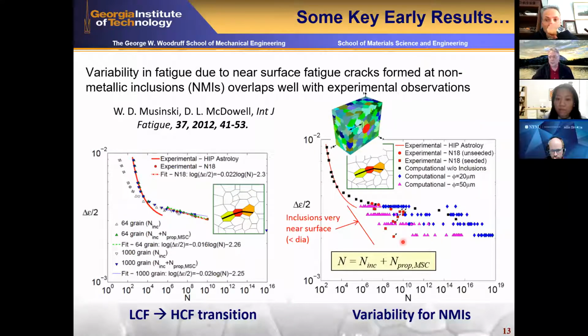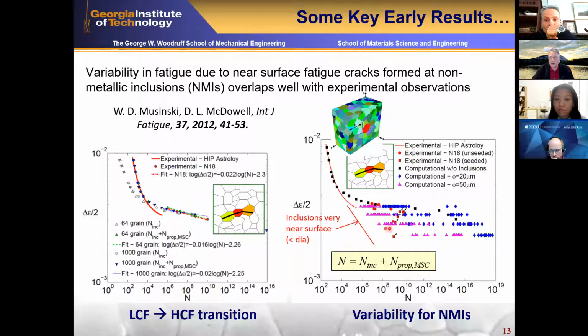Because, just like Murakami's argument, you have a square root of area of the inclusion, and then it bridges to the surface and forms a crack very rapidly. So we looked at that in detail by embedding these inclusions into the subsurface at different distances h relative to the grain size. Looked at different inclusion sizes, 20 and 50 microns in this case, into the same representative microstructures.